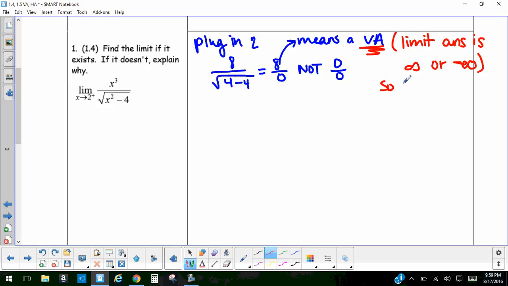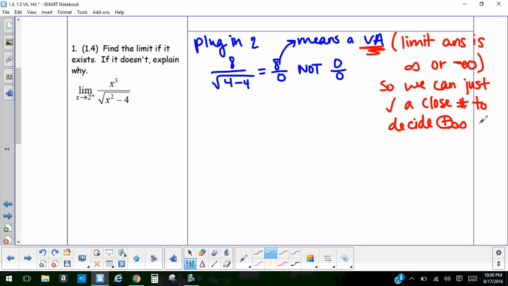So if I know it's only between those two, we can just check a close number to decide, and really all we're deciding is whether it's positive infinity or negative infinity.